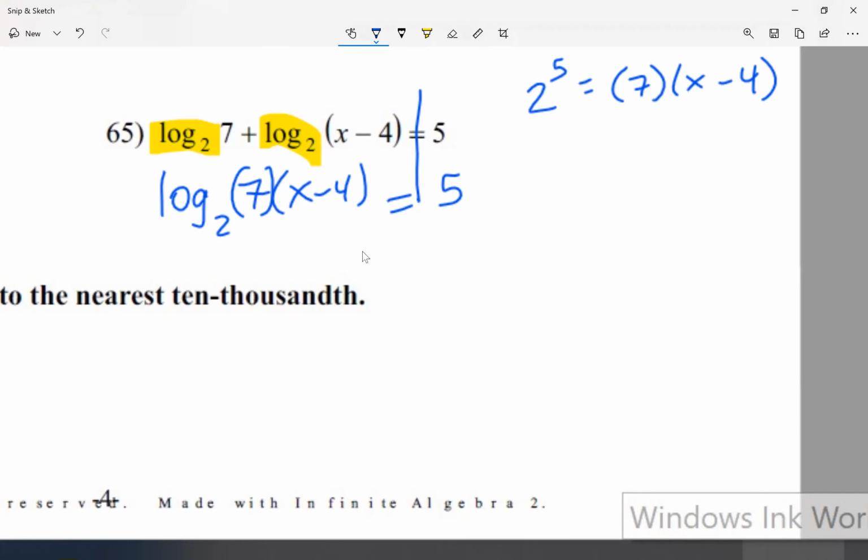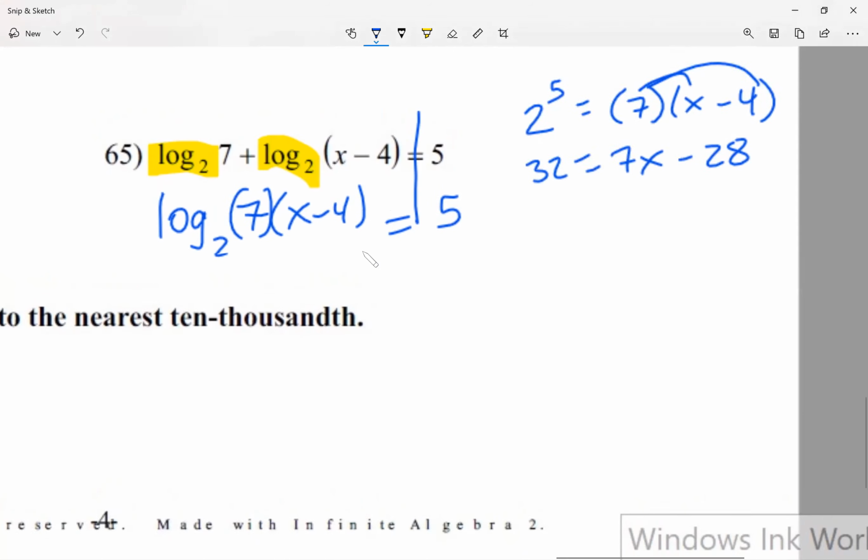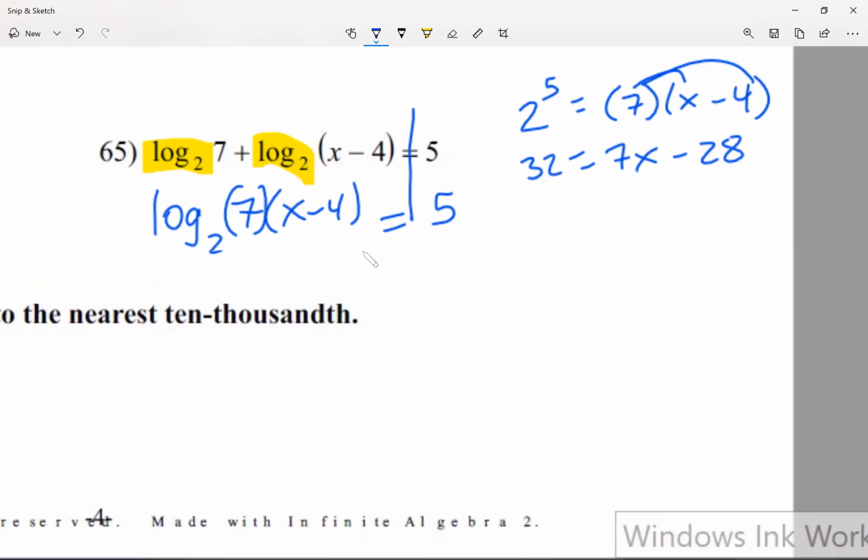I know 2 to the 5th is 32, multiply 2 five times. So I have 32 equals 7x minus 28. Notice how on the right side I distribute the 7, so that's how I got 7x minus 28.